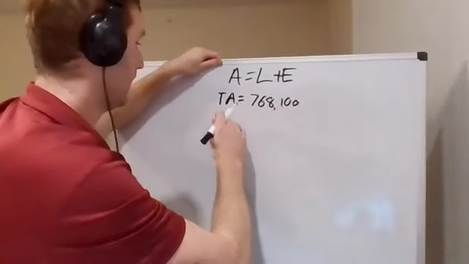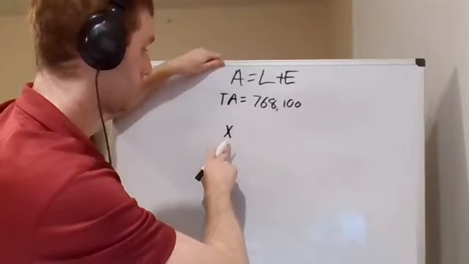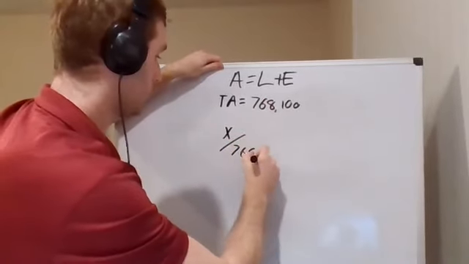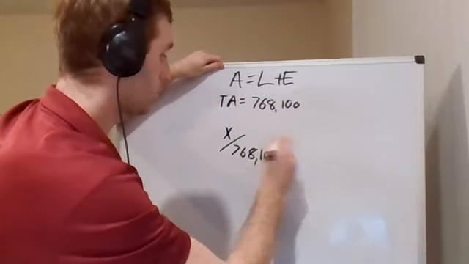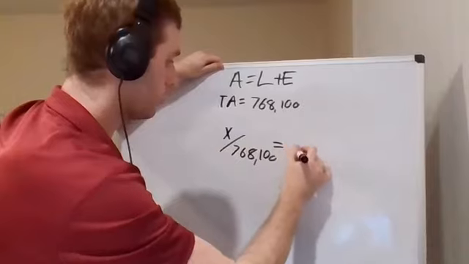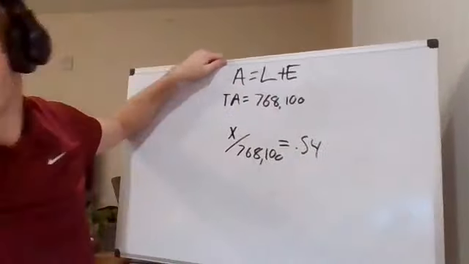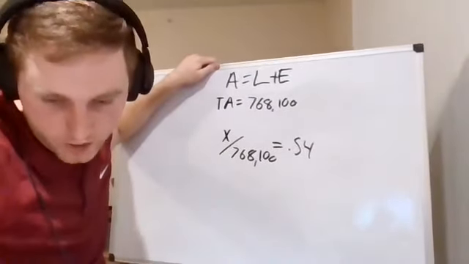I don't know what my total liabilities are. I do know my total assets is 768,100, and I know this equation equals 0.54 or 54%. That is our total debt ratio.